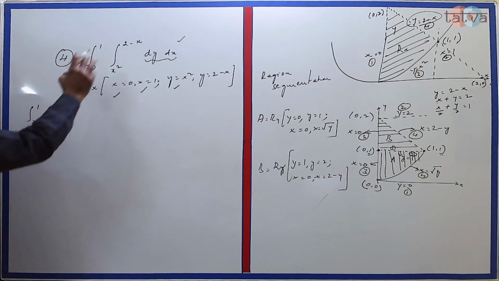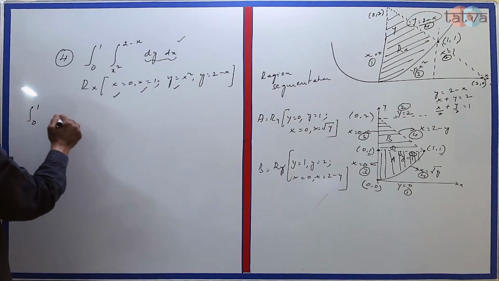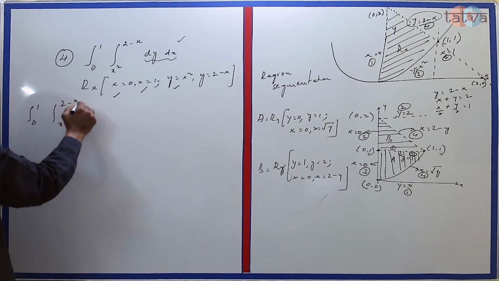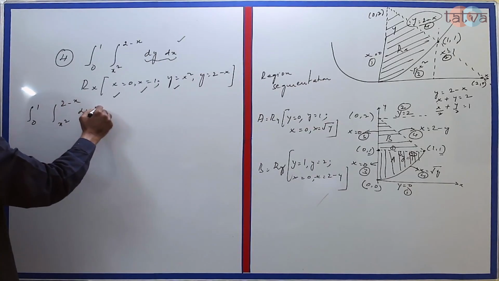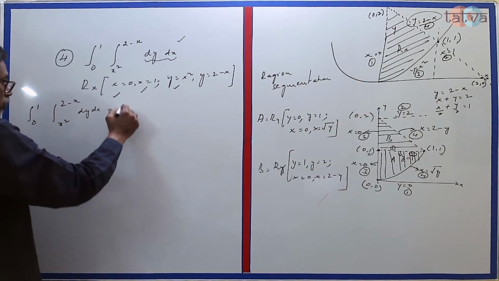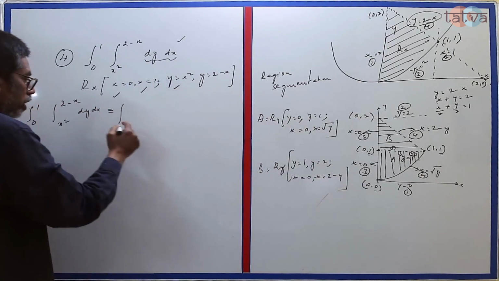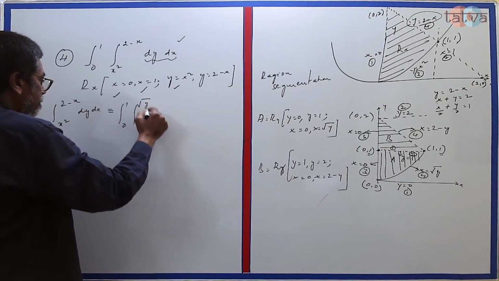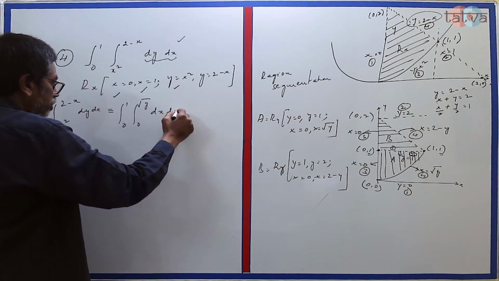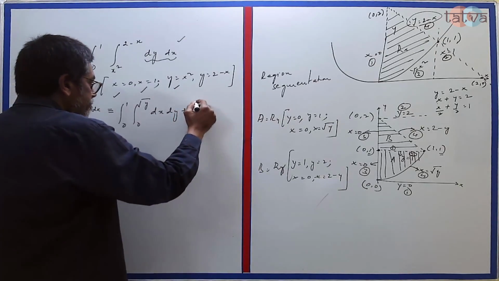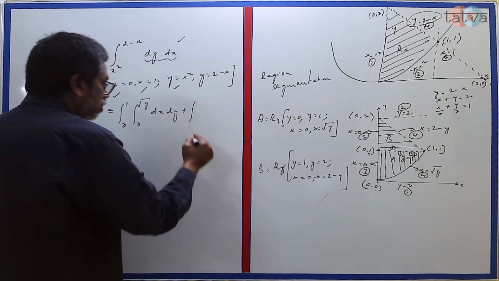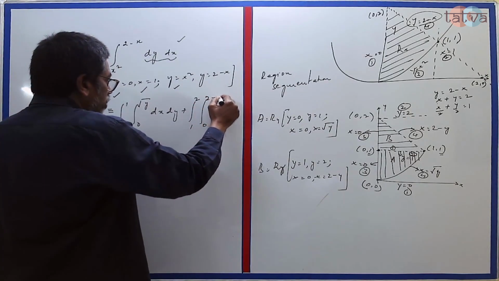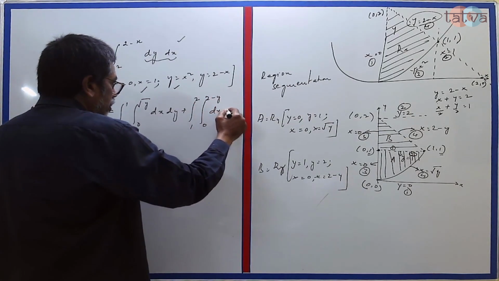So let me copy the original integral on the left hand side. 0 to 1, x squared to 2 minus x, dy dx, is identically equal to integral 0 to 1, 0 to square root of y, change the order to dx dy, plus integral 1 to 2, 0 to 2 minus y, dx dy.